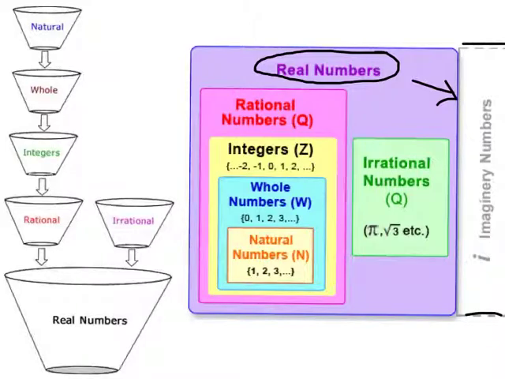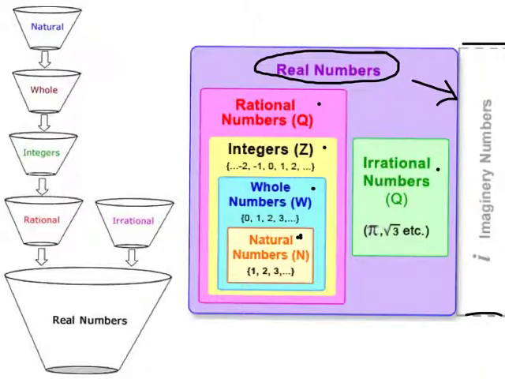And in the purple box, you have rationals and irrationals. And irrationals have no subsets, but rationals has a subset of integers, wholes, and naturals. Integers has the subset wholes and naturals, and whole numbers have the subset natural numbers or counting numbers.